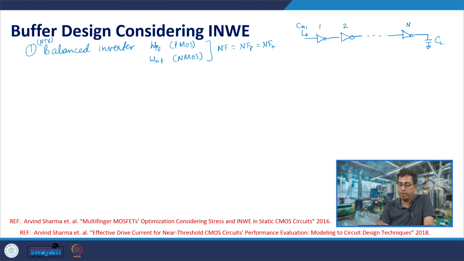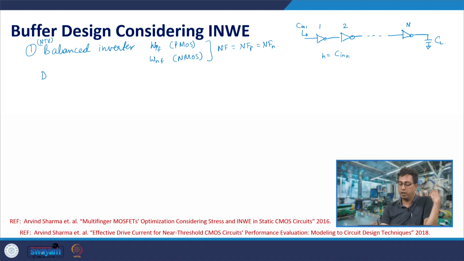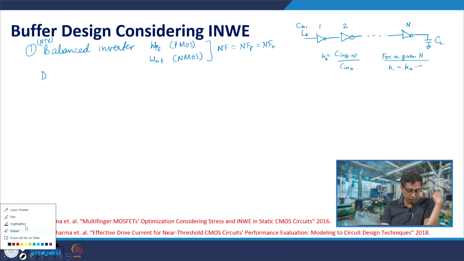So, what is the total delay? As we have seen, for a fixed number of stages, the delay would get minimized when the electrical effort H of stage k is equal for all the stages. That is, for a given n, all the values of these electrical efforts should be equal, that we have seen earlier for all the k.